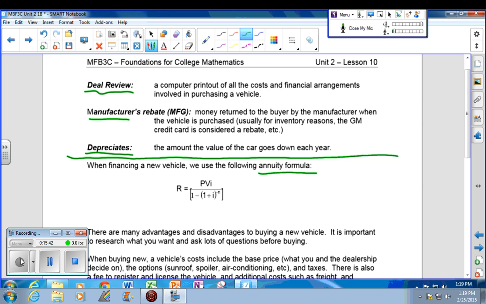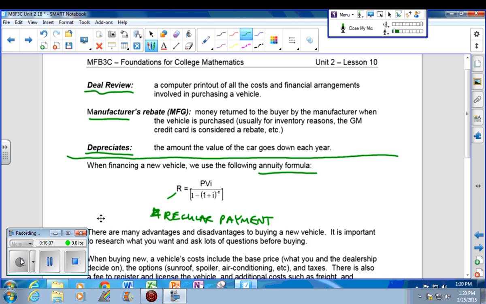Now, what this means is that the R, this is our monthly payment, or our regular payment. Now, you can pay a vehicle monthly, but it usually saves you some money to pay it bi-weekly. You may even be able to pay it weekly depending on how you got your financing.